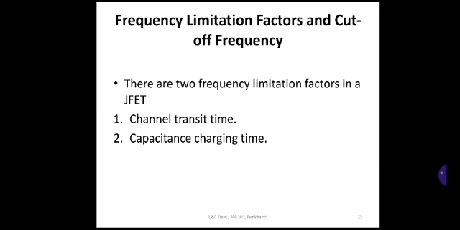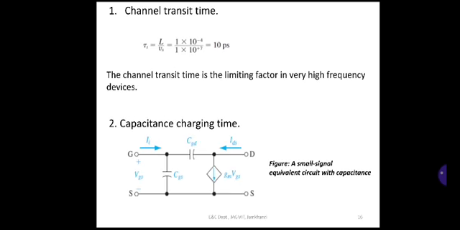So there are two frequency limitation factors in a JFET. Namely, the first one is the transit time and the second one is capacitance charging time. The first one is channel transit time.